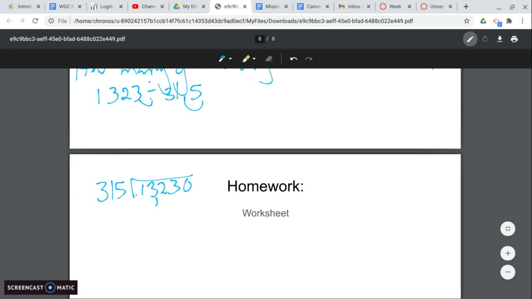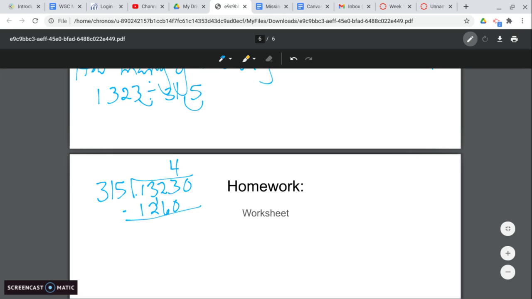No. Can it go into 1,323? Yes, it can. And it's going to go in there 4 times. So that's 1,260. Just like before, some of these you're going to have to test out to make sure you know how many times it can go in there.